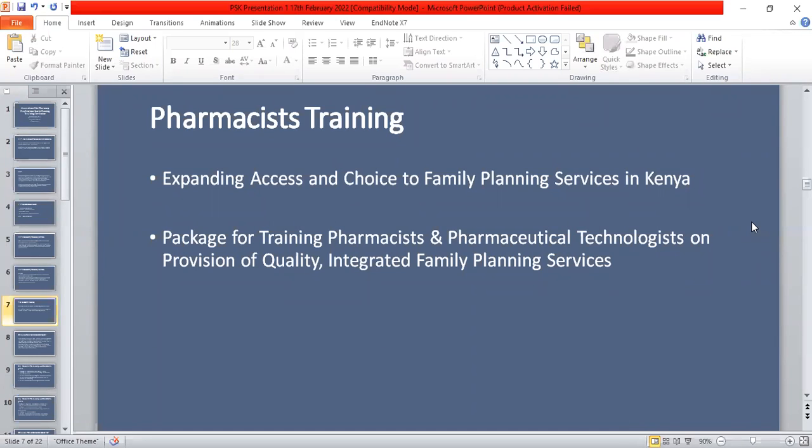So there's a focus on quality and ensuring that we give the right product, or we are able to counsel the client or the patient so that they get the right choice of contraception.